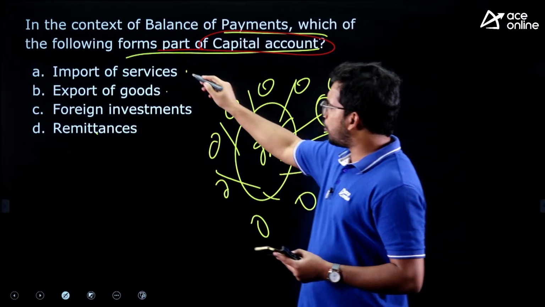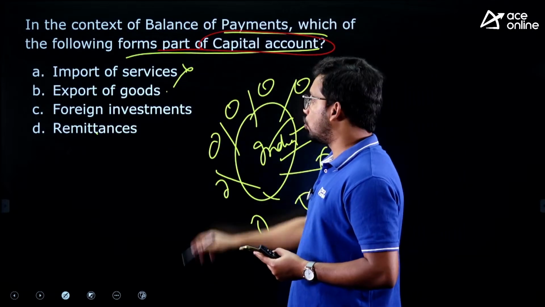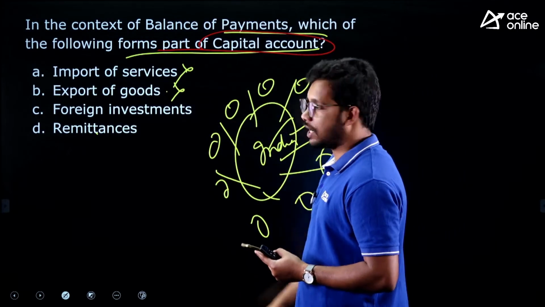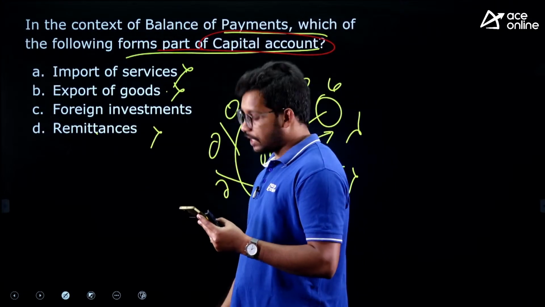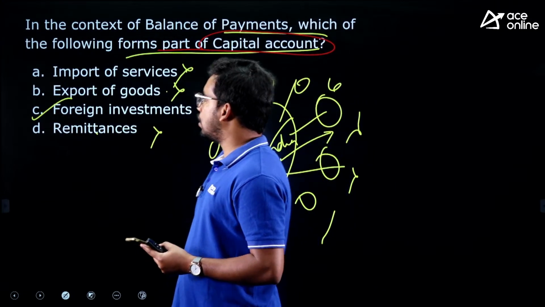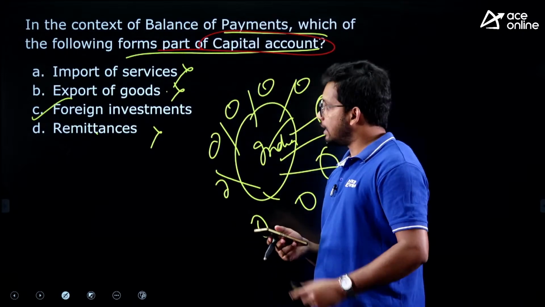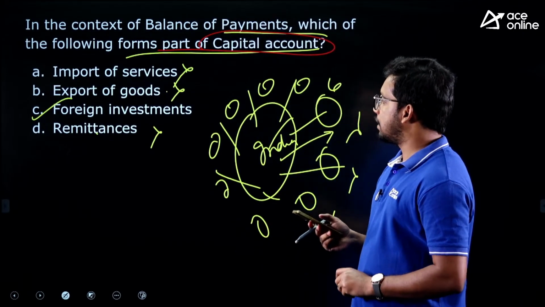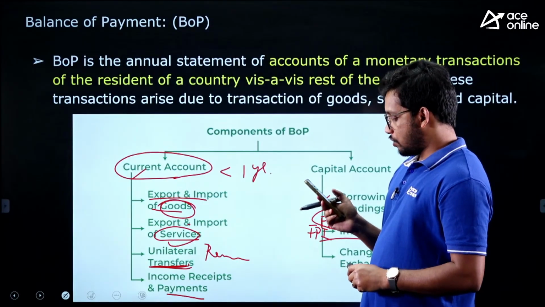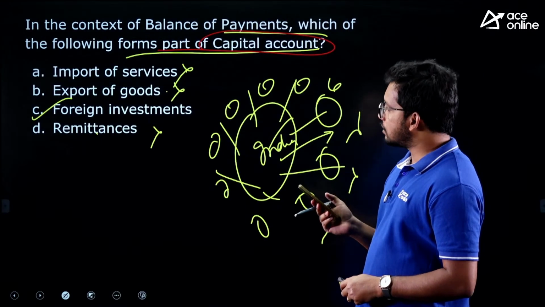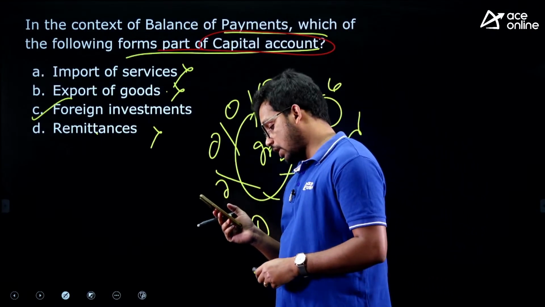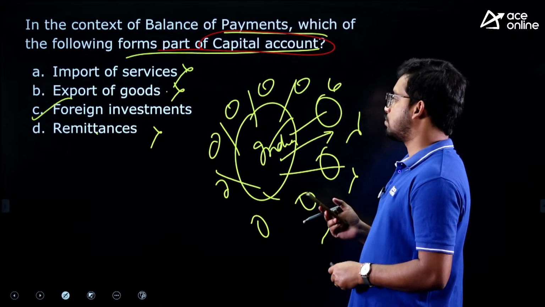Yes, import of services is current account, less than 1 year. Import of goods is also current account. Remittances are also current account. So foreign investments are longer ones and hence they are part of capital account, right? Syed has answered it correctly, and Jahnavi answered it correctly even before the explanation.